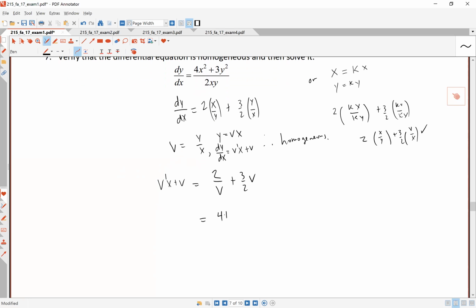This gives us 4 plus 3v squared over 2v.